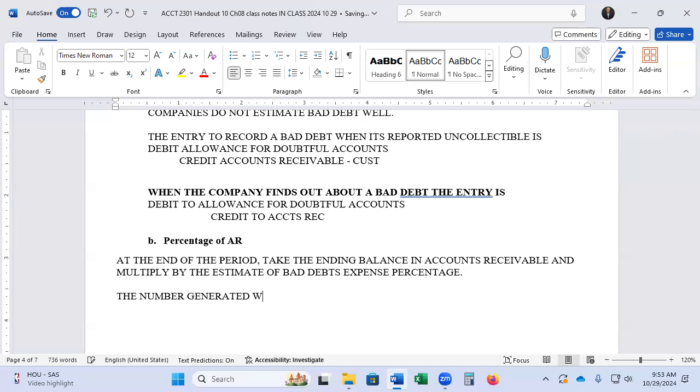The number generated should be the balance in the allowance for doubtful accounts.